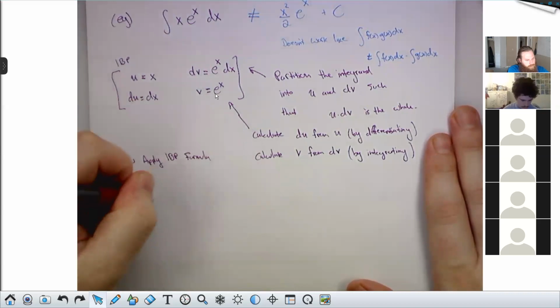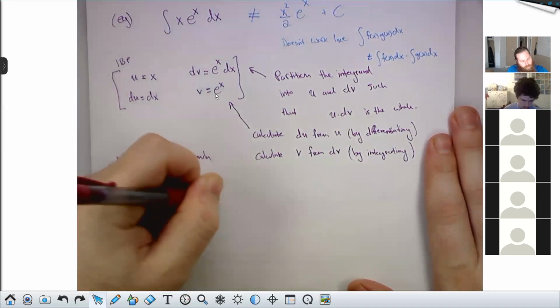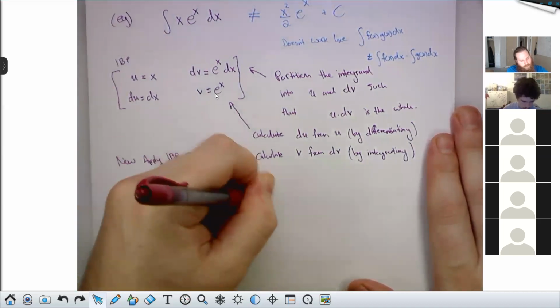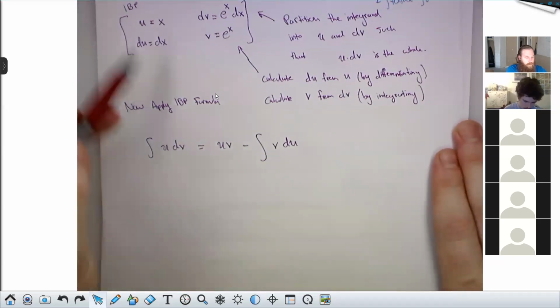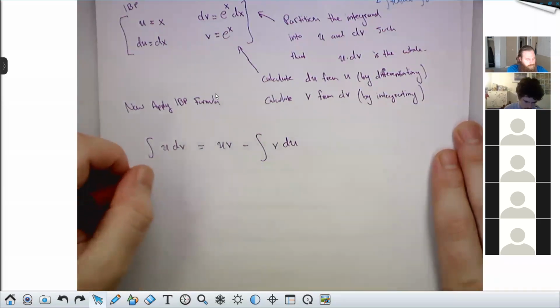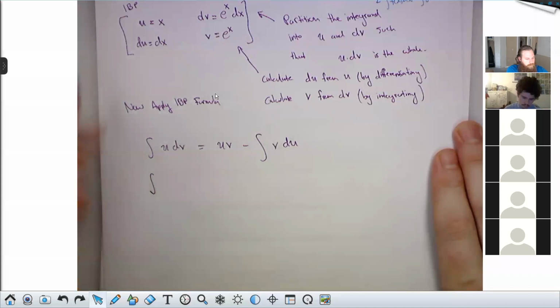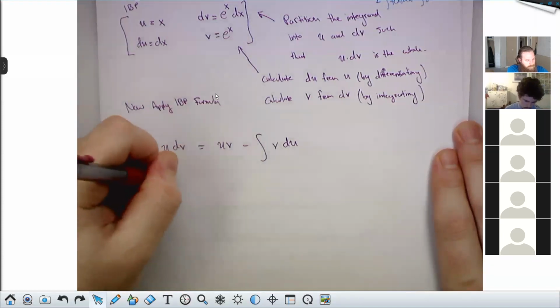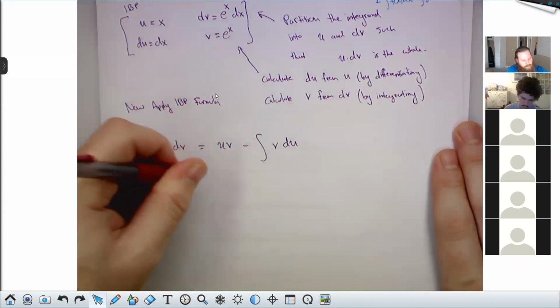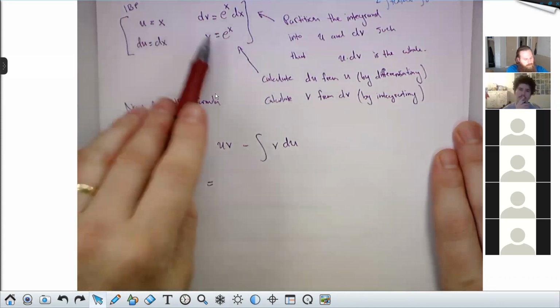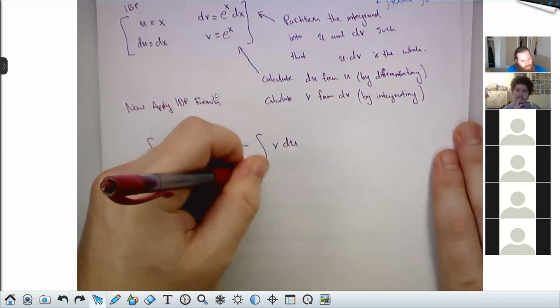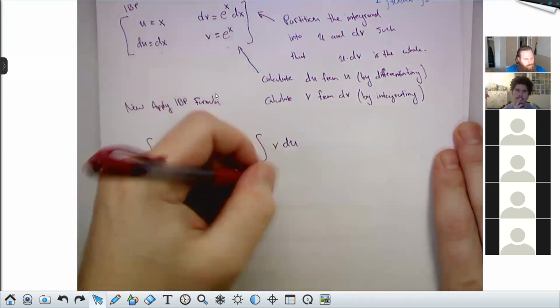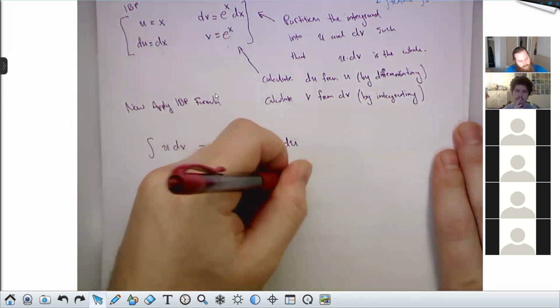It says that the integral of u times dv is equal to u times v minus the integral of v times du. Let's see what that says for our choices of u and v. That would say that the integral of u times dv, x times e to the x dx, is equal to u times v, that's x times e to the x, minus the integral of v times du, e to the x dx.